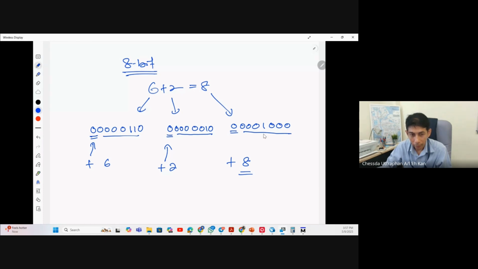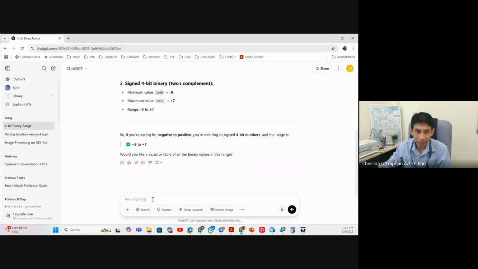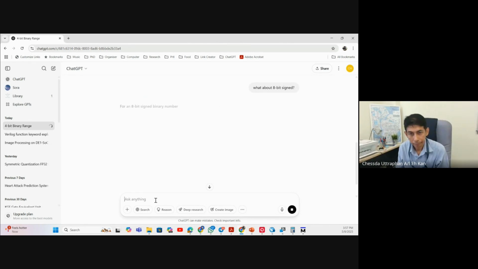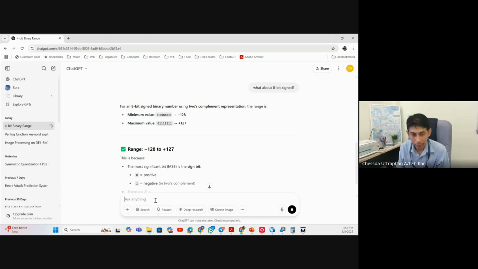What is the range for the 8-bit then? Let's use ChatGPT again. 8-bit signed.